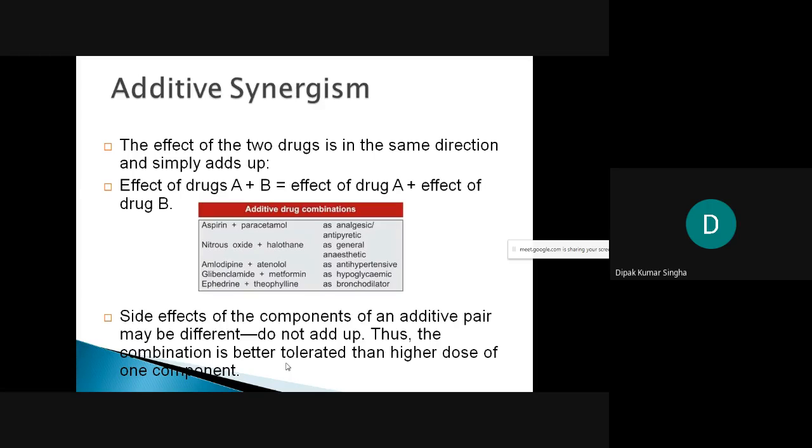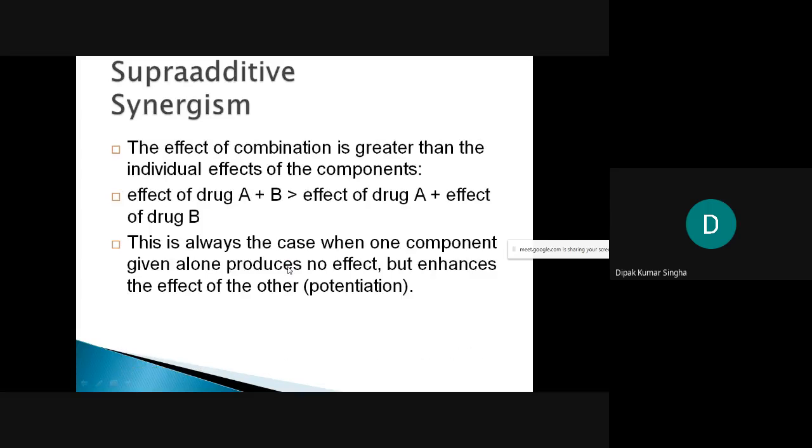Suppose amlodipine and atenolol both act as antihypertensives, but why are they used in combination? Because to reduce the side effects. When they are used in combination, their side effects will be reduced. So they can be used simultaneously, and that is called the additive action.